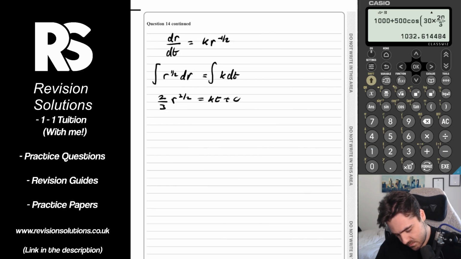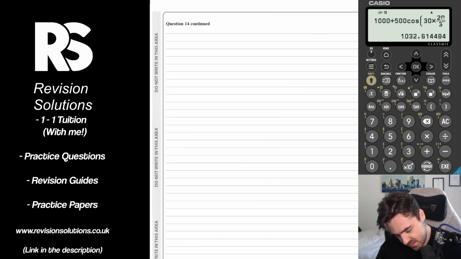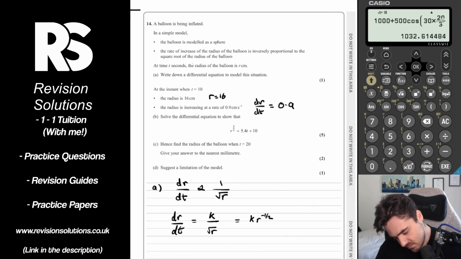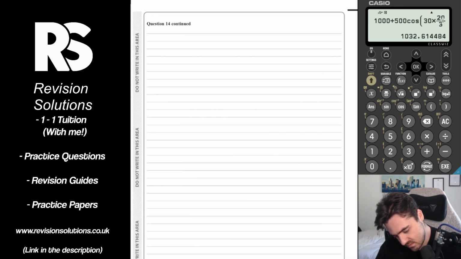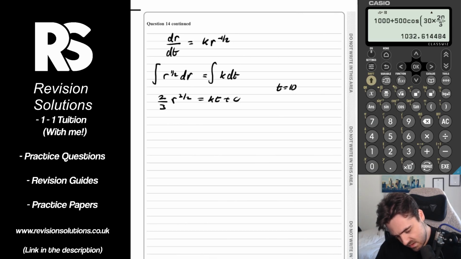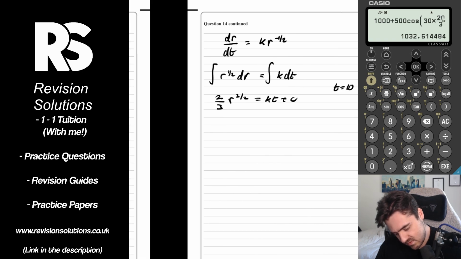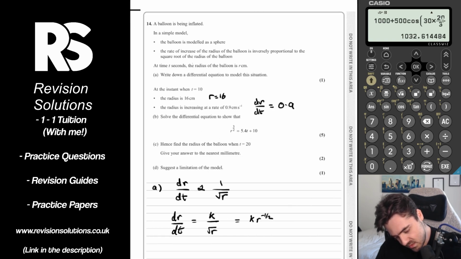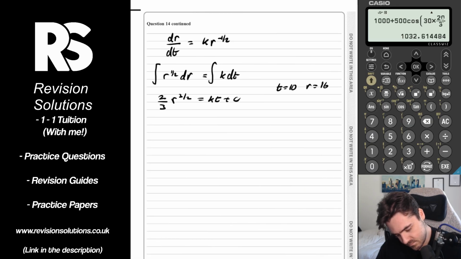And then let's use our information to be able to find k and c. So they told us when t equals 10, the radius is 16. So t equals 10, r equals 16. And they also said that dr by dt was 0.9. So actually, let's use the dr by dt information first, because we can find k immediately using that equation here.